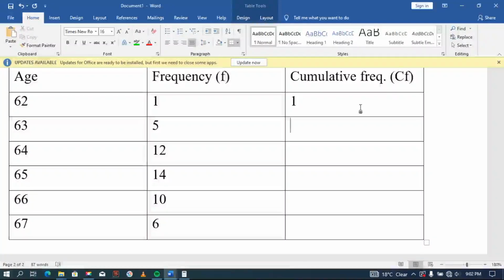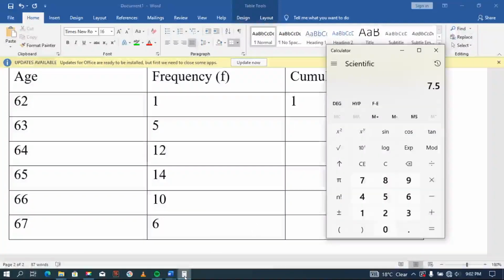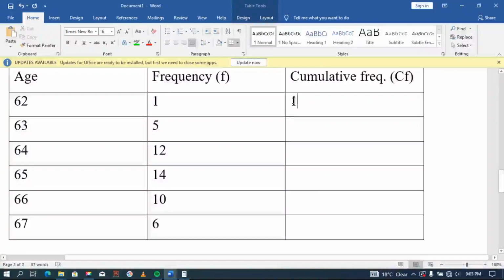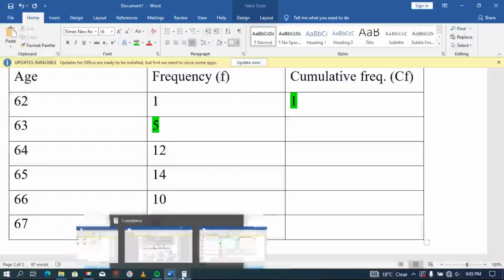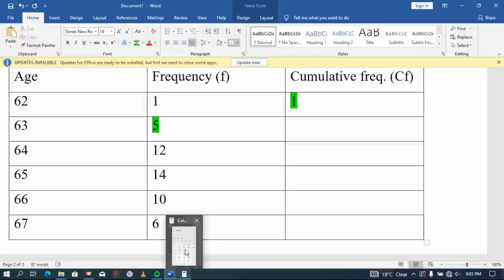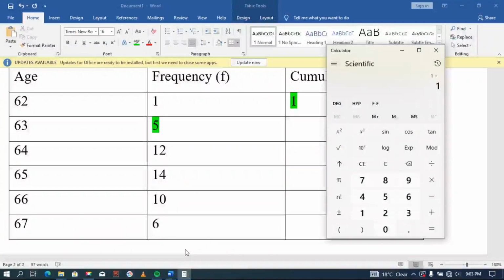To find the cumulative frequency of the next age, we take the previous cumulative frequency of 1 plus the frequency of 63, which is 5, so we get a cumulative frequency of 6.